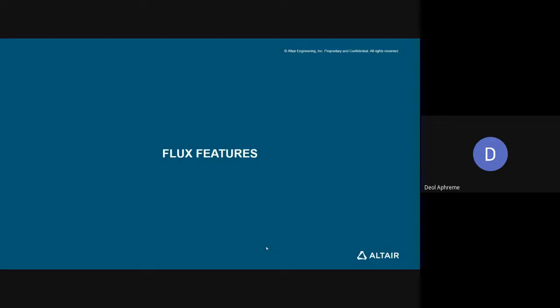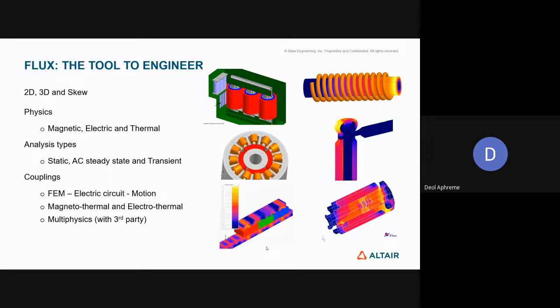Jumping into Flux, like I said, Flux is a finite element tool, and we have three applications per se. You can simulate magnetic quantities, electric quantities, or thermal quantities. We have different types of analysis. Static, magnetostatic to be precise: if you have a time invariant field, for example, you can simulate in magnetostatic.